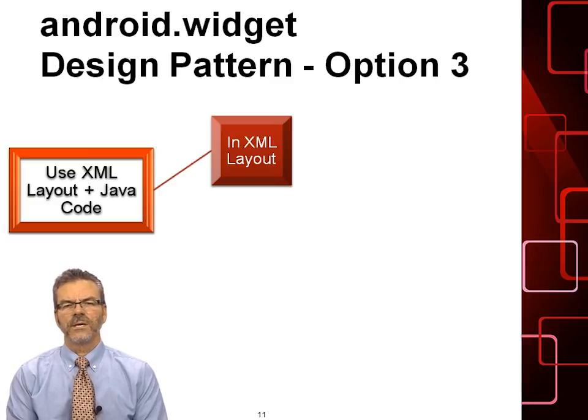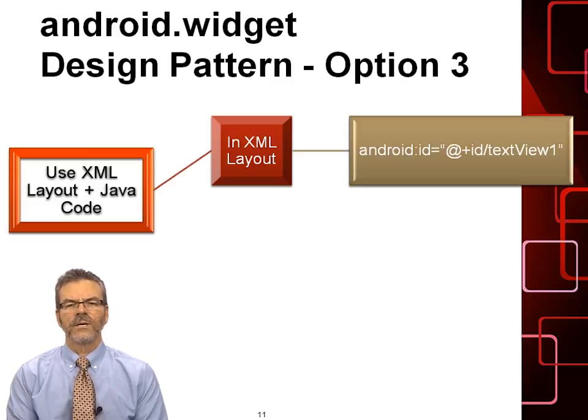So what we do is in our XML layout, we define a TextView and we give it an ID. In fact, this is not only useful for a TextView, this concept of giving it an ID works for any widget. The message here is if you want to have a widget that you can access under program control, you need to give it an ID.